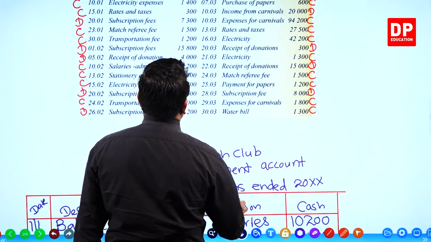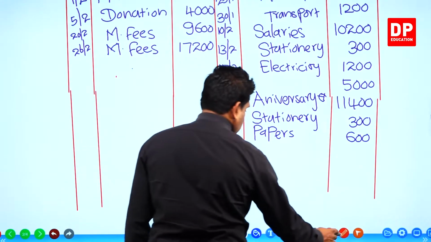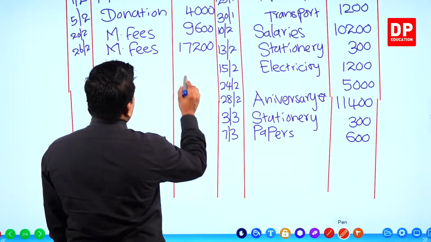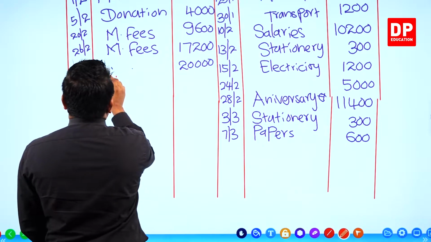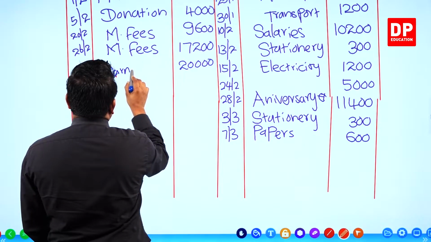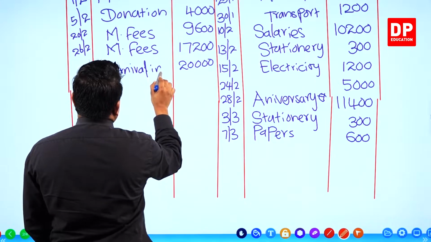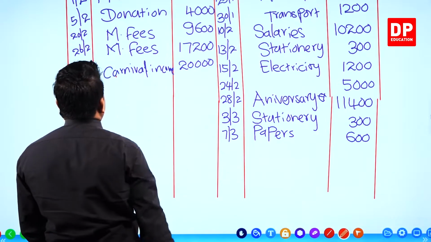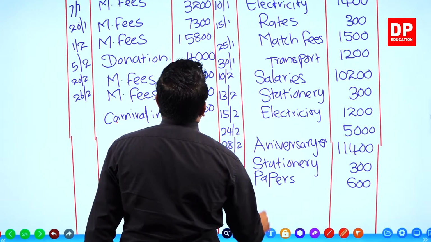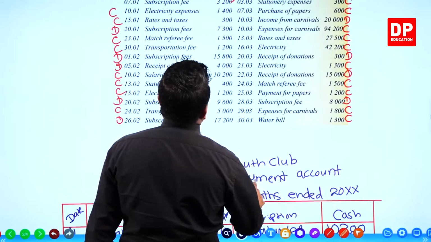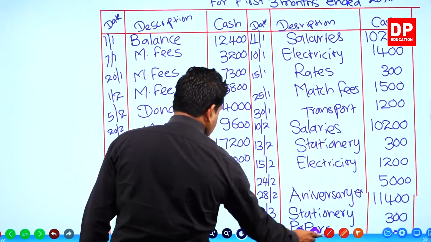Income from carnivals 20,000. Carnival income 20,000. That is 310, right?